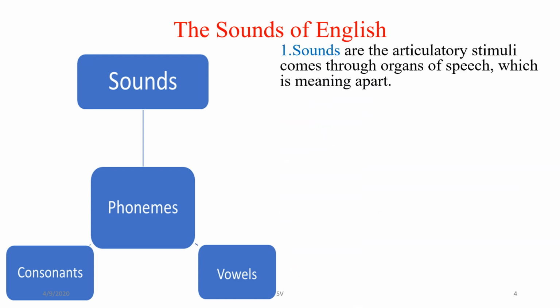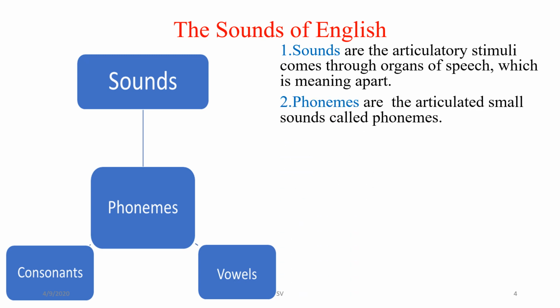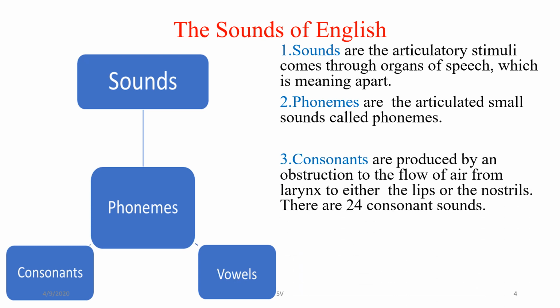Number one, sounds. Sounds are the articulatory stimuli that come through the organs of speech, which are meaningless apart. Number two, phonemes. Phonemes are the articulated small sounds. Number three, consonants.